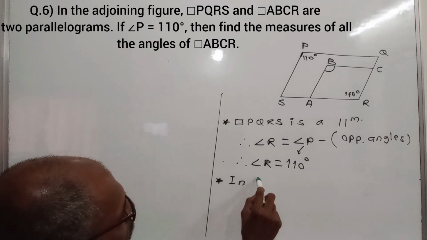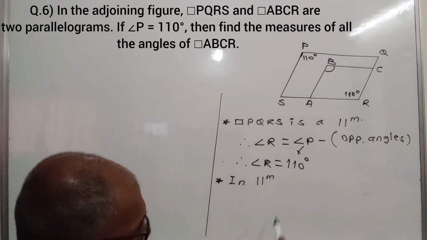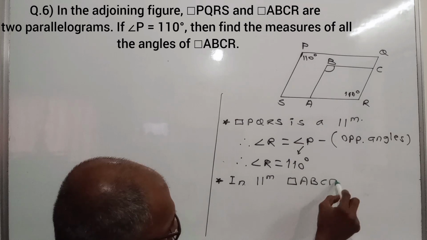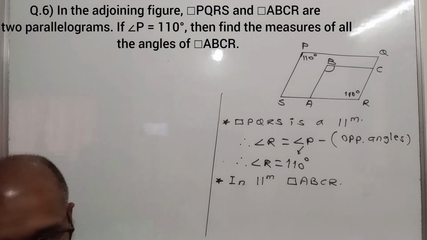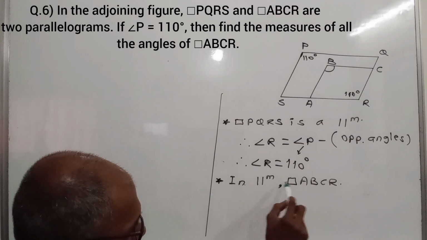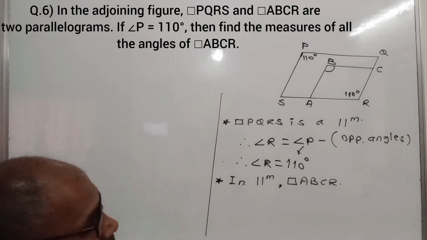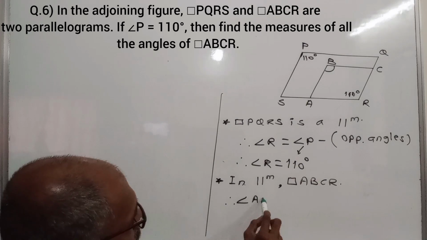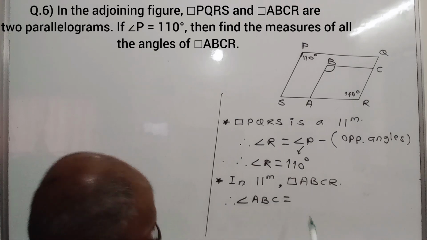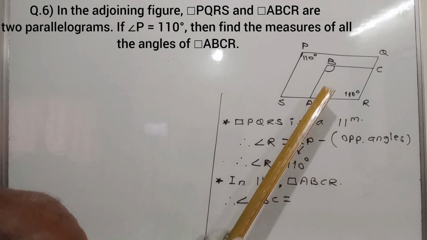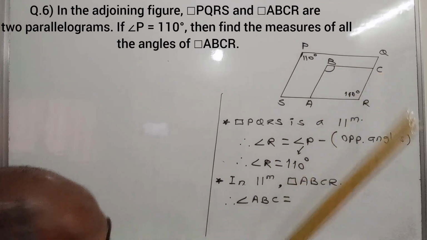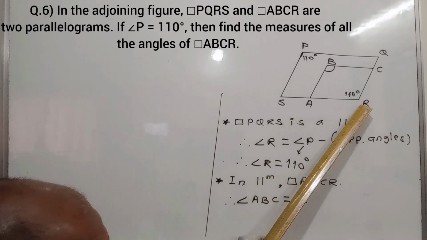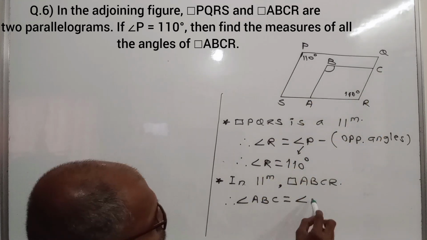In parallelogram ABCR, this is quadrilateral ABCR. See here, angle ABC is equal to angle ARC.